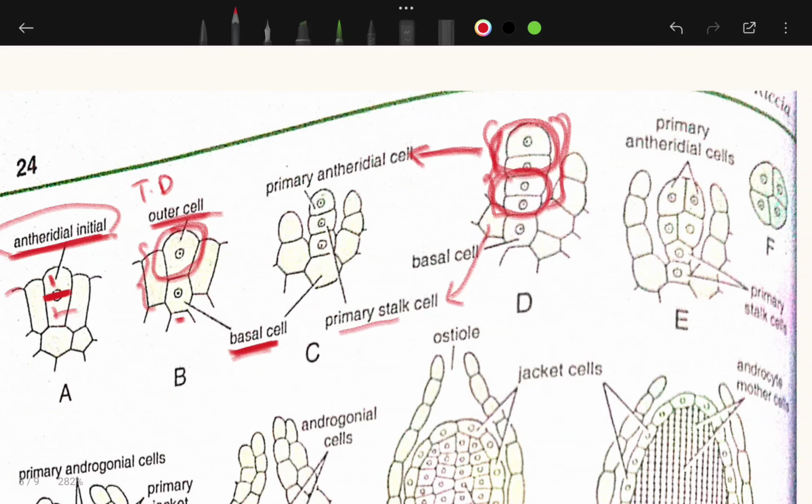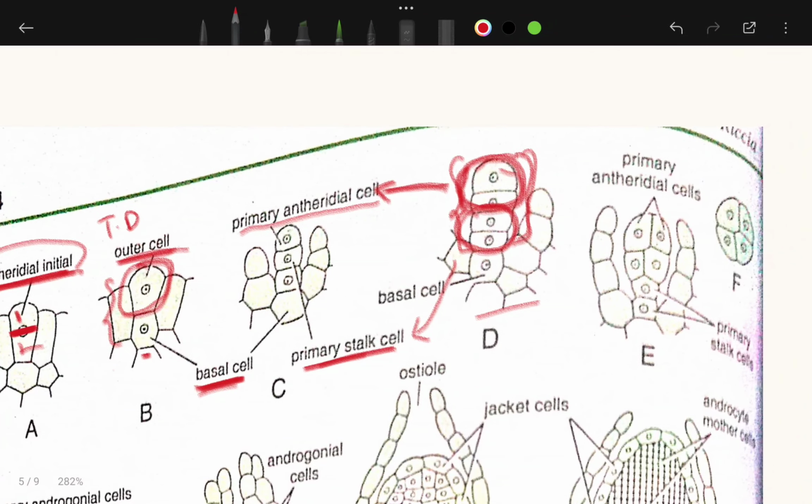Okay, so these primary stalk cells will give rise to the stalk, and then these upper two cells, the primary antheridial cells, will give rise to the antheridium. Now what will happen is that these two primary antheridial cells that you can see here will undergo two vertical divisions. Now vertical division will take place in this manner.